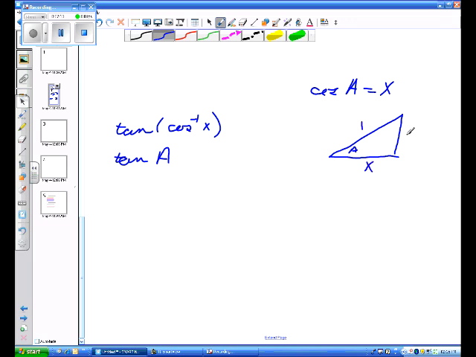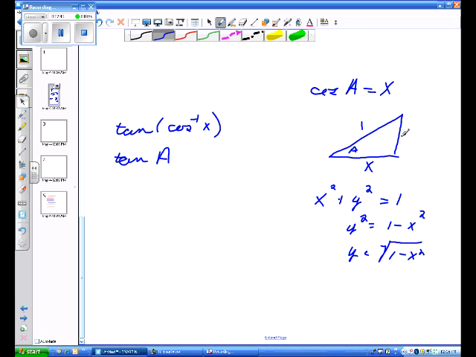If we want to find our other side, which we'll call y, well, using our Pythagorean theorem, then x squared plus y squared equals 1. So y squared equals 1 minus x squared, and y would equal plus or minus the square root of 1 minus x squared.